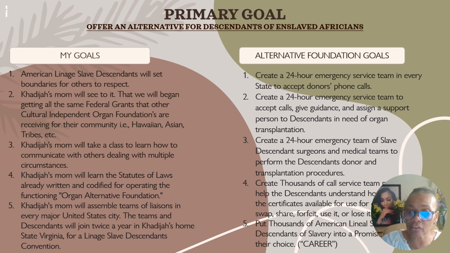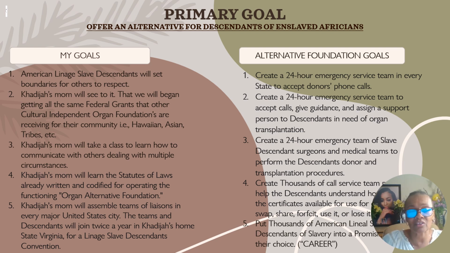Okay. Create a 24-hour emergency service team to accept calls and grievance and guidance, and assign a support person to descendants in need of organ transplantation. So in other words, if there's a family that is grieving, then there will be a team of slave descendants that will go by their side.